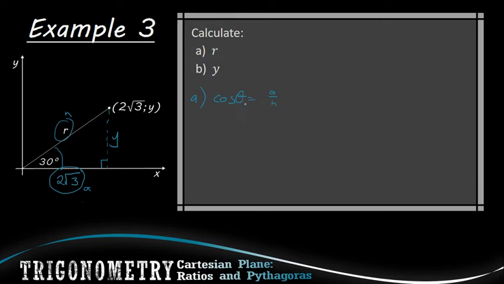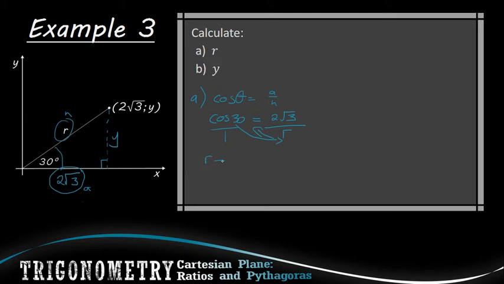So to substitute my known values, my theta now is 30. So I substitute 30 in place of theta, equals adjacent. The adjacent is this 2 square root of 3, and then over the hypotenuse, which is r. Now to solve for r, r is the only unknown. So I'm going to take r up and bring the cos of 30 down.